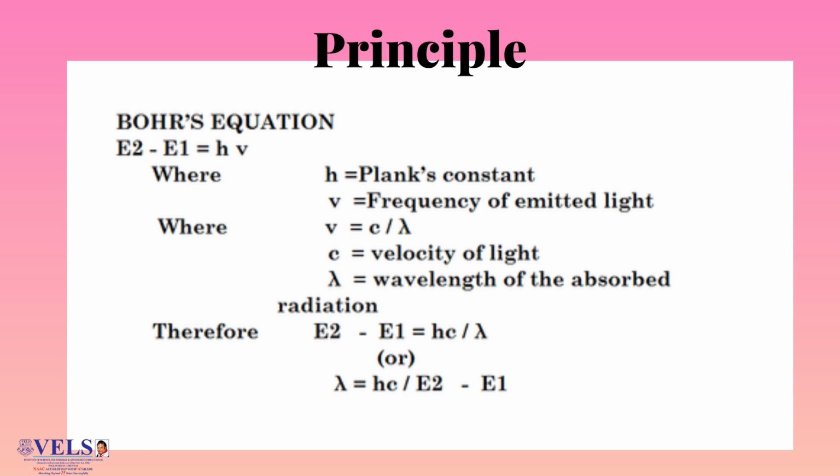Substituting, E2 minus E1 equals hc divided by lambda. Keeping lambda on one side, we get lambda equals hc divided by E2 minus E1. From the derived equation, the wavelength of the emitted radiation gives information about the quantity of the substance present in the unknown solution.